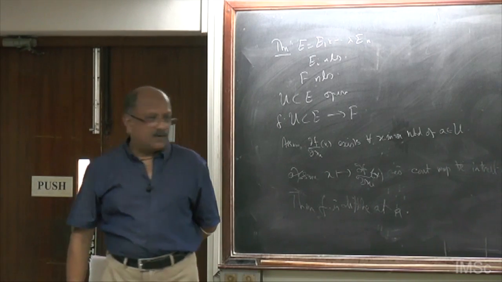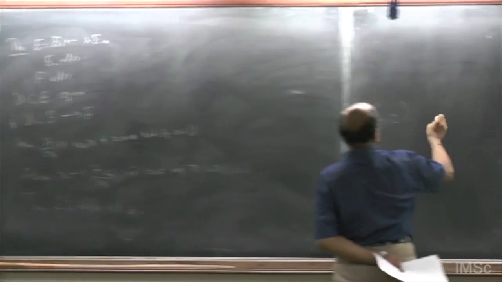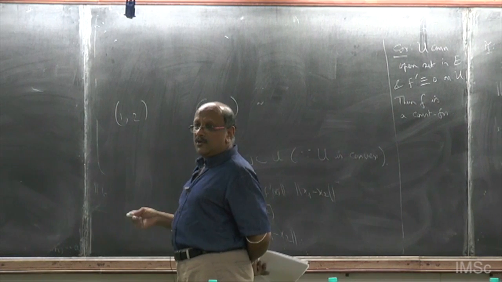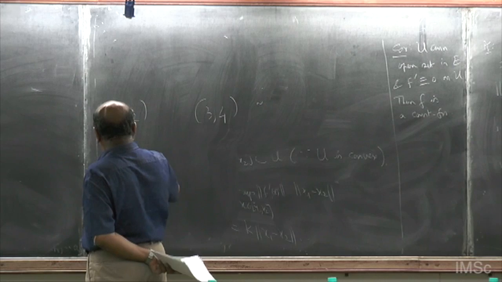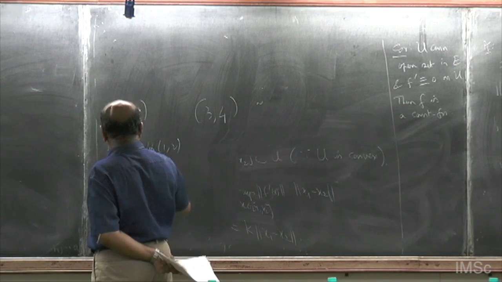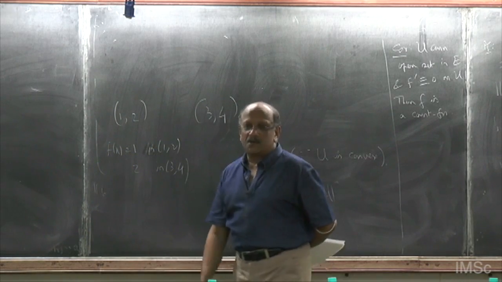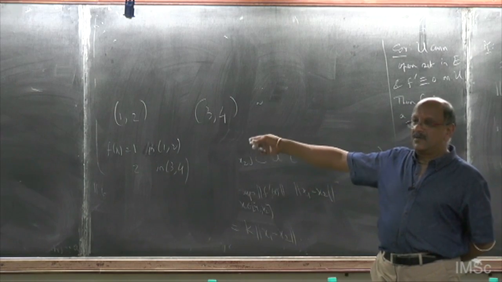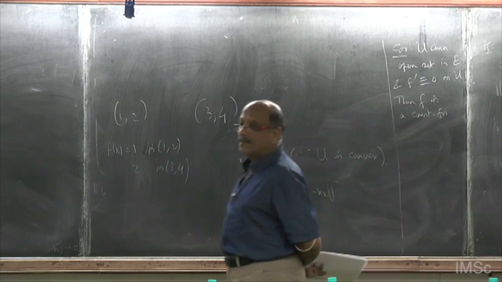It will not be constant. No? Think of this, take 1 comma 2 and 3 comma 4, 2 disjoint intervals, and define f of x equal to 1 in (1, 2) and 2 in (3, 4). This function is differentiable, derivative is 0 everywhere, but it is not a constant function.